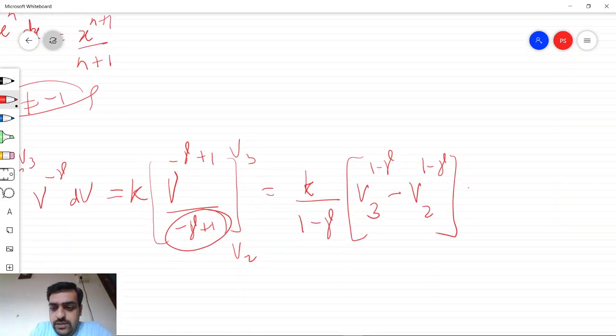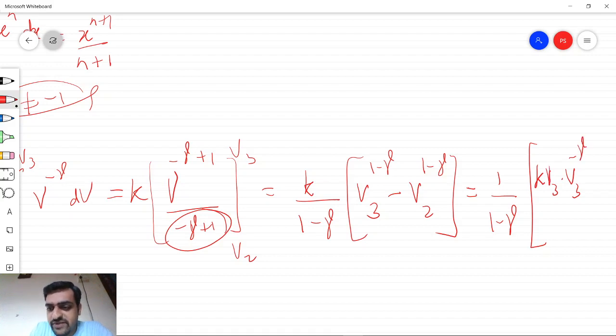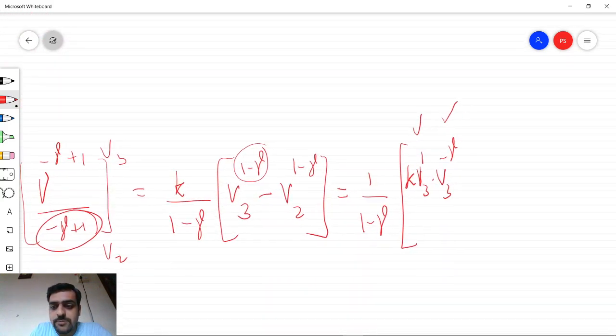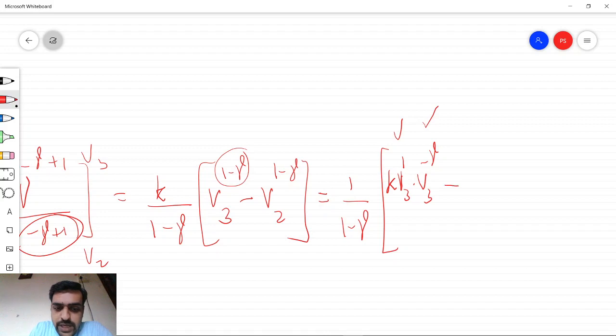Okay. Now note that if we absorb this K inside, we get K V3 into V3 raised to minus gamma. So this V3 is V3 raised to 1. So the 1 minus gamma term is split in these two subterms, minus K V2 into V2 raised to minus gamma.